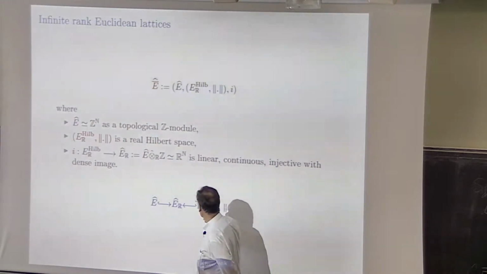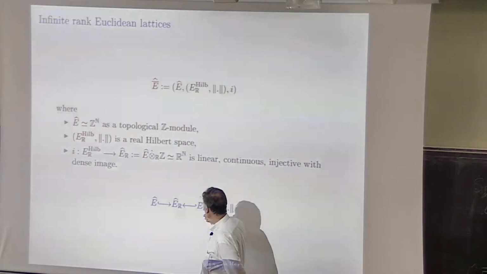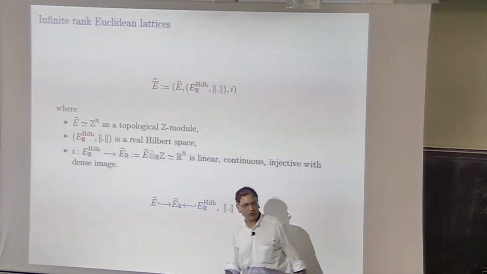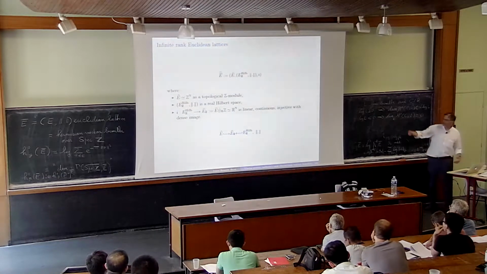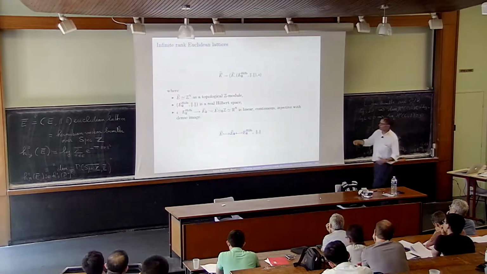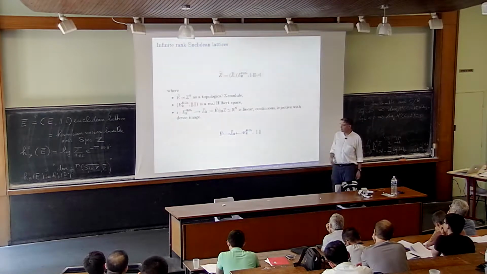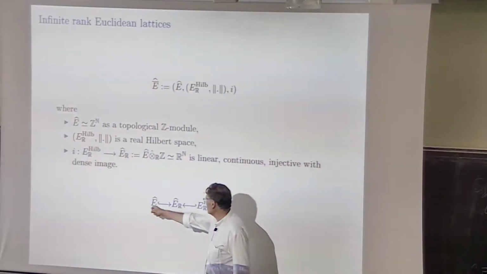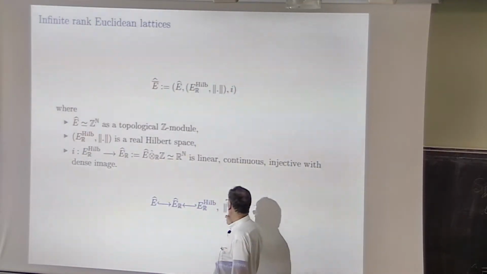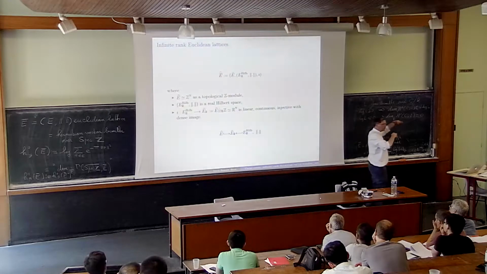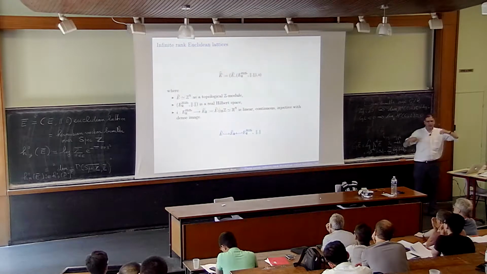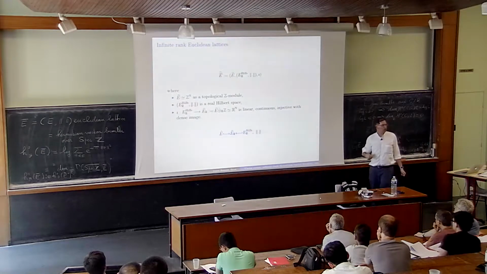E hat is not embedded in this Hilbert space, but both live in this larger real vector space. So you have to compare this picture to the one for a Euclidean lattice. For a Euclidean lattice, you have some E inside with a norm. You don't distinguish between a small real vector space and a large real vector space. But here you have to.